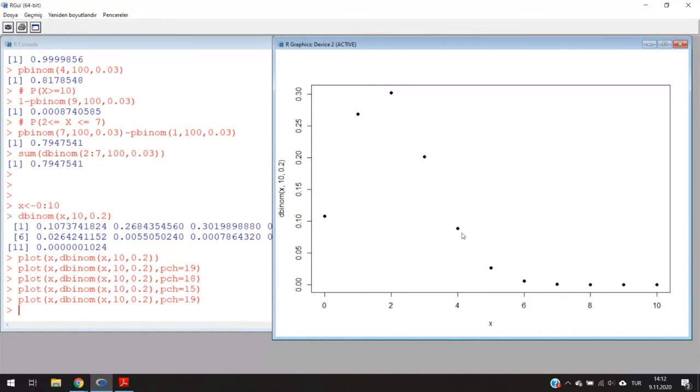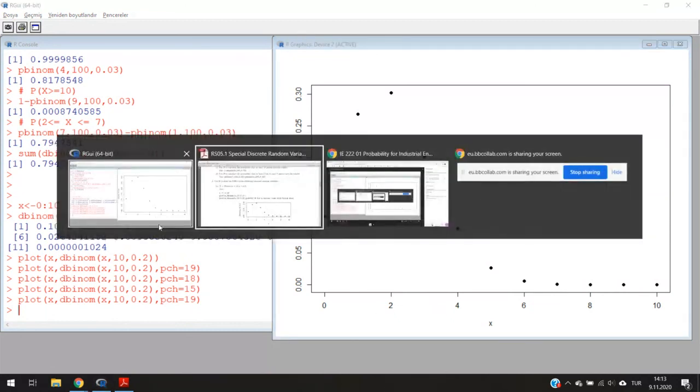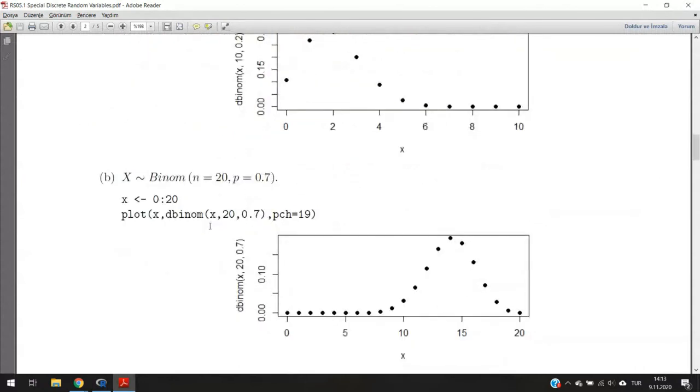Having exactly 3 or 4 successes, you are seeing that the probabilities are reducing here. In fact, the probability of observing exactly 6, 7, 8, 9, or 10 successes are very small probabilities compared to the other ones. So according to this probability mass function, it is less likely to observe a smaller value for this binomial random variable. In fact, the expected value of this binomial random variable is 2, okay, 10 times 0.2. So this is how we draw the probability mass function for a binomial random variable.